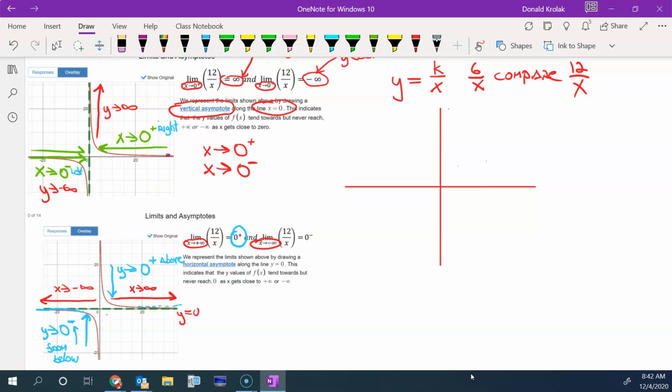So which one would be closer to the origin, do you think? The 6 over x or the 12 over x? What do you think? The 6 over x, and why do you say that? Because it's smaller, closer to 0.